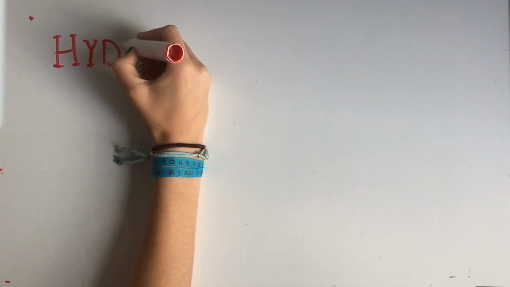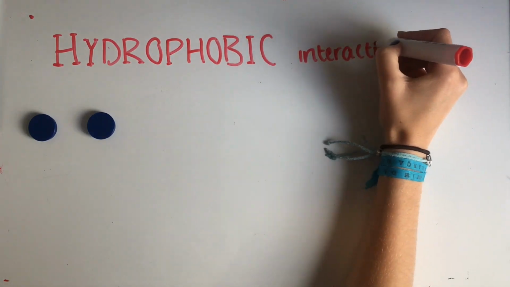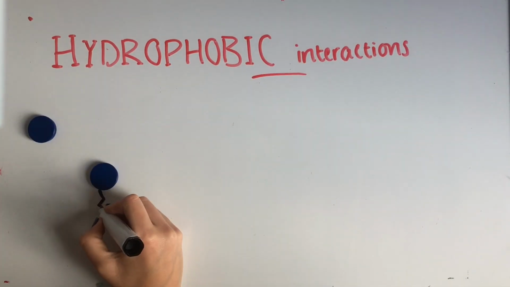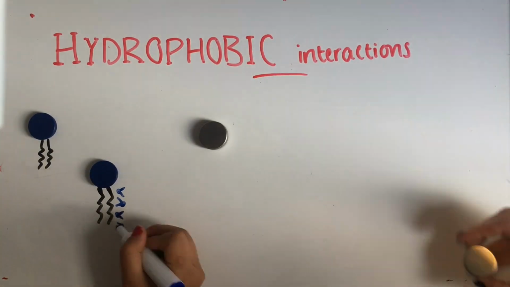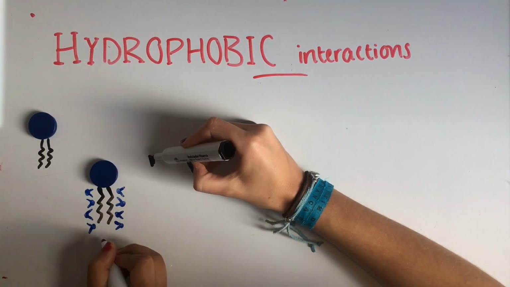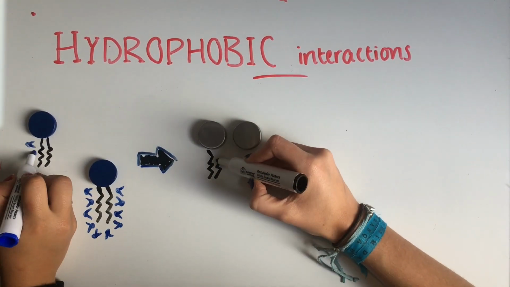So about that group of amphipathic compounds, most of the time they're phospholipids, like the ones in cell membranes. Since phospholipids have a hydrophilic head and a hydrophobic fatty acid tail, when mixed with water, the lipid chains become surrounded by a layer of highly ordered water molecules.